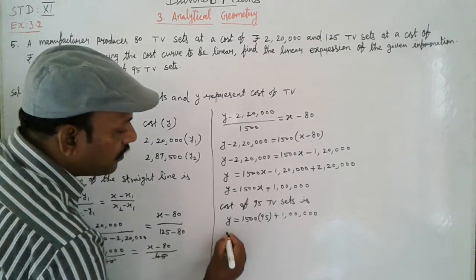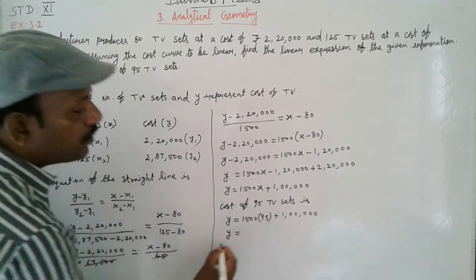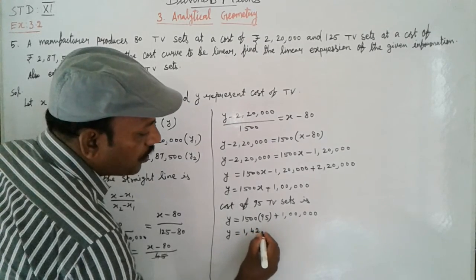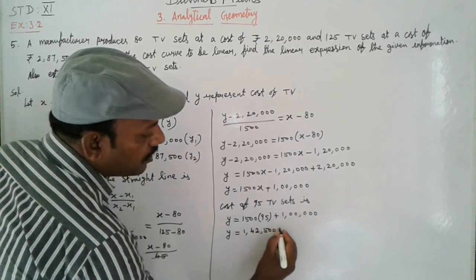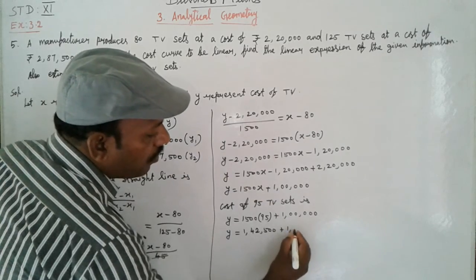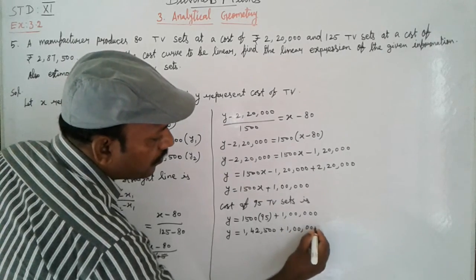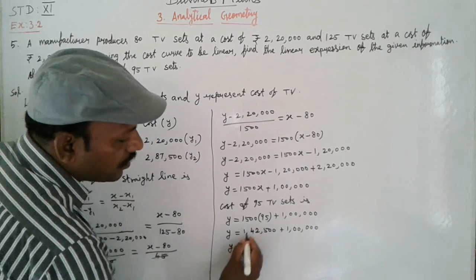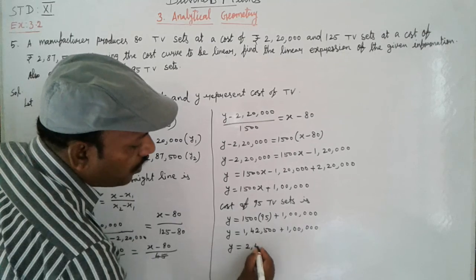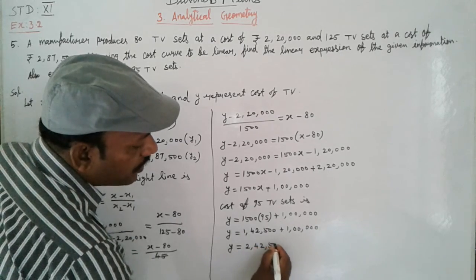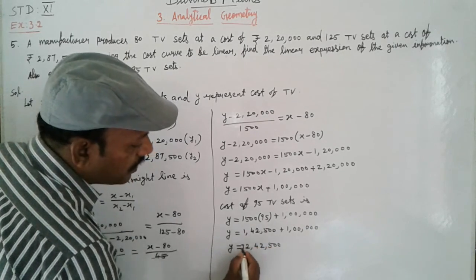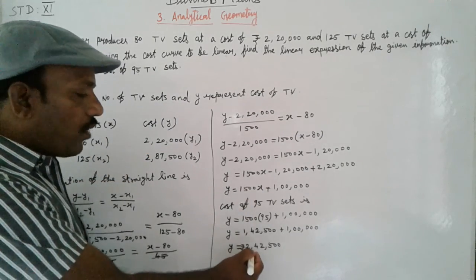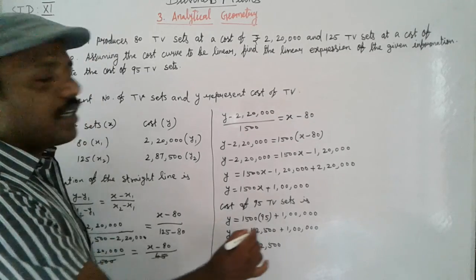On multiplying, y equals 1,42,500 plus 1 lakh. Adding this, we get 2,42,500 rupees. The cost of 95 TV sets is 2,42,500. That's all.